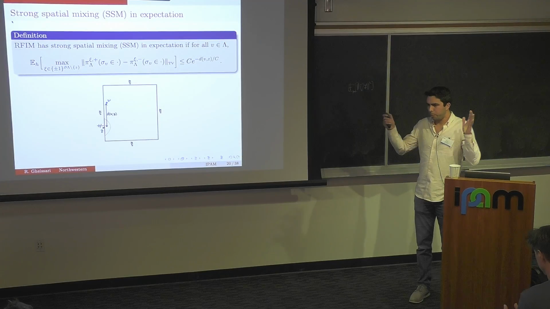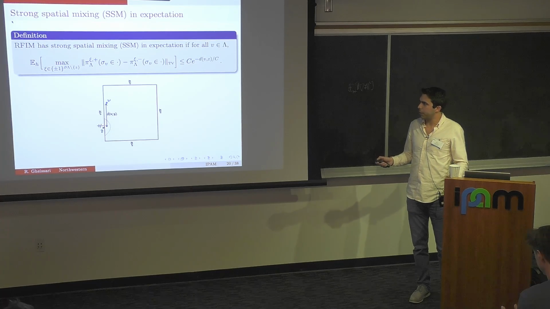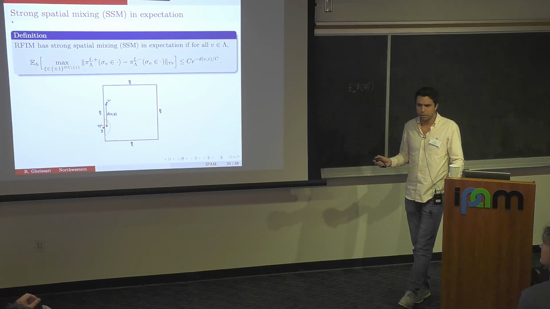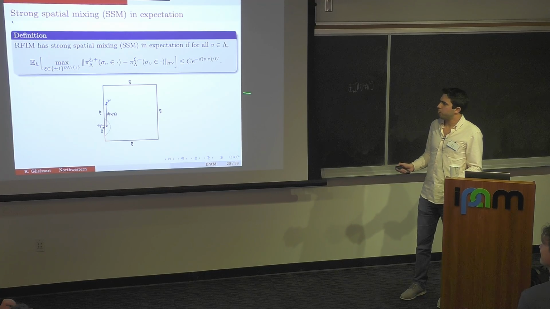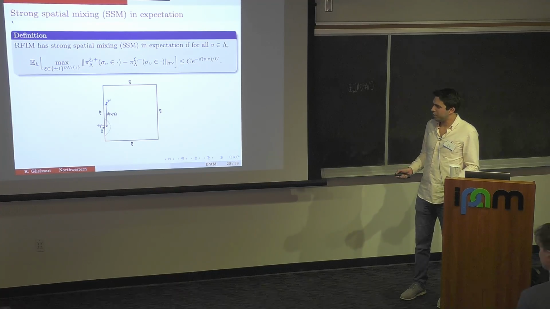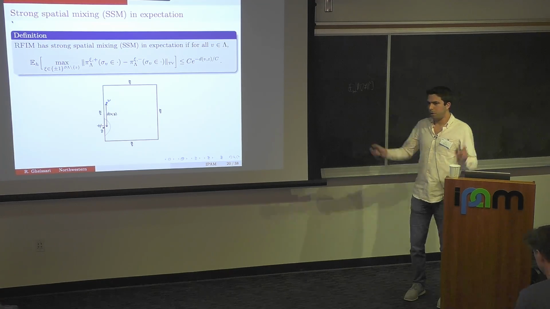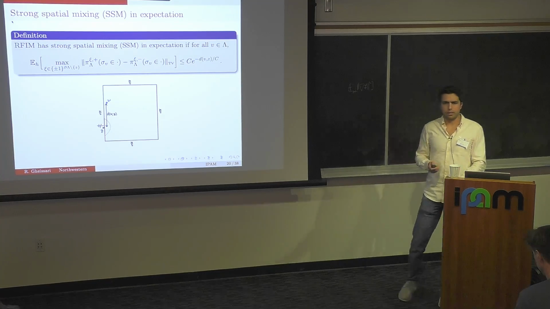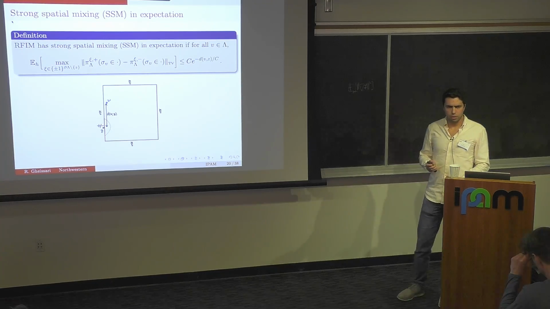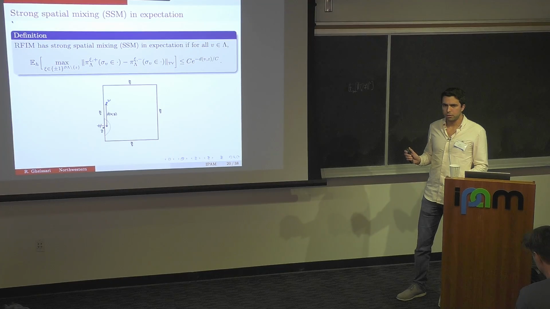Again, this won't hold everywhere in my n by n box, so I ask for it in expectation over the random field. This is a more powerful assumption because in some models, like the Potts model, the boundary can actually propagate the influence, but when it's in the middle of the box, there isn't such propagation. Are there questions?